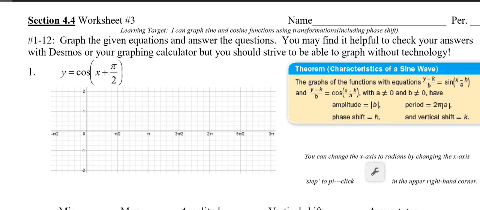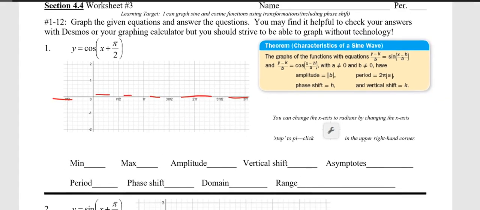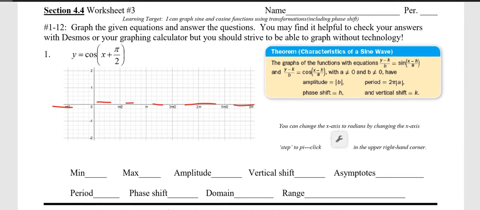Okay. So this has a phase shift. What's the center line of the wave? 0, right? There's no changing of the center line of this wave. The phase shift, however, is what?